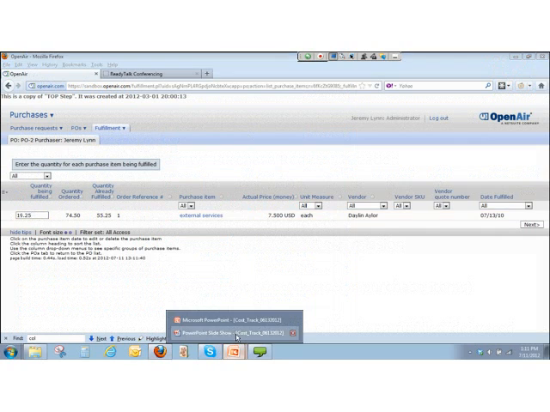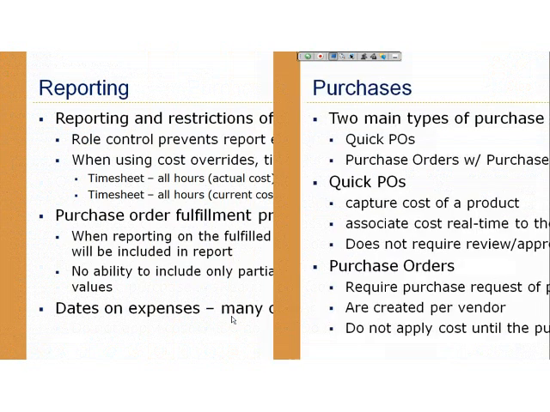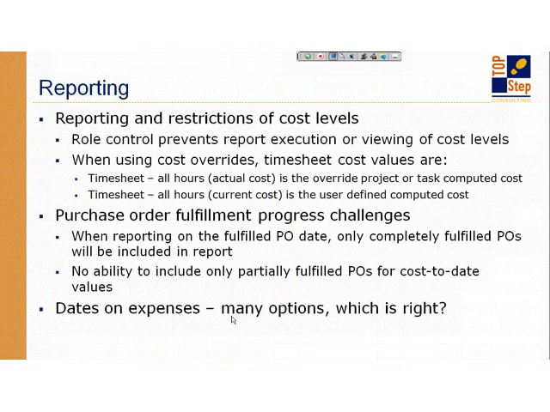I do want to point out that on reporting, though, there is still a missing reporting option when it comes to reporting fulfillments for purchase orders. So I threw that into this reporting section here.